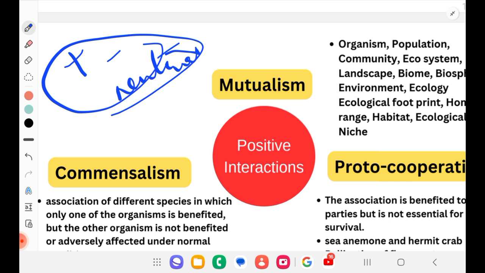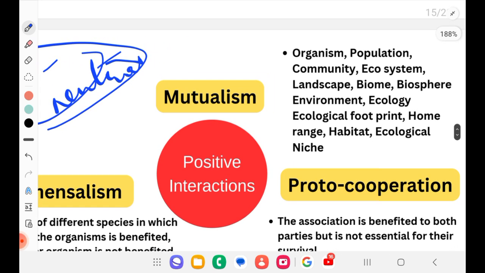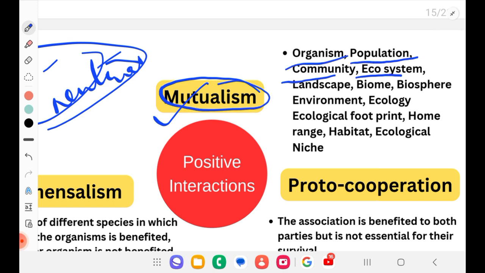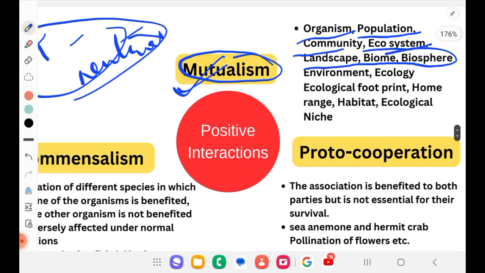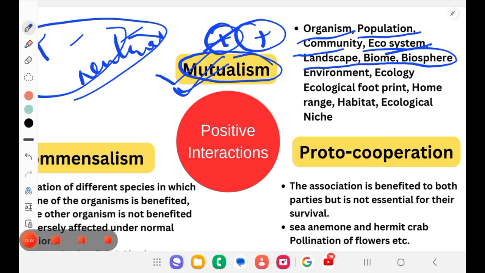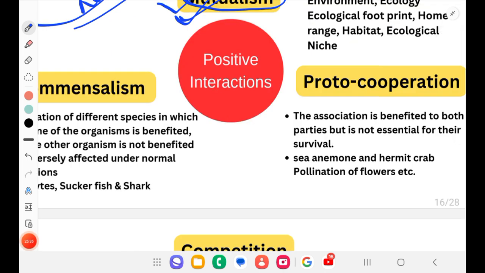So for that you should know what is mutualism or what is commensalism, etc. First, mutualism: if both of them are getting benefited, two different species are getting benefited, then it is said to be mutualism. One such example is lichens.